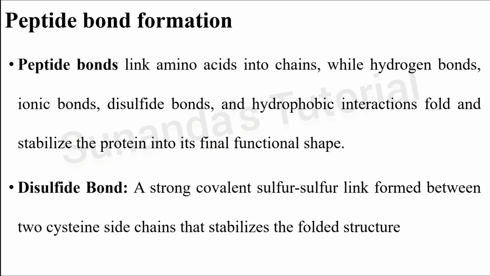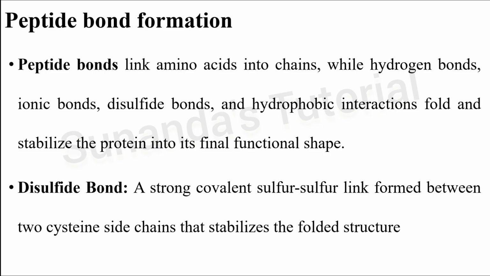Next, peptide bond formation during protein synthesis or protein structure formation. When amino acids join with each other to form the primary or linear structure of protein, they form peptide bonds between them. Peptide bond is a strong covalent bond. Actually, peptide bond and disulfide bond both are strong covalent bonds.